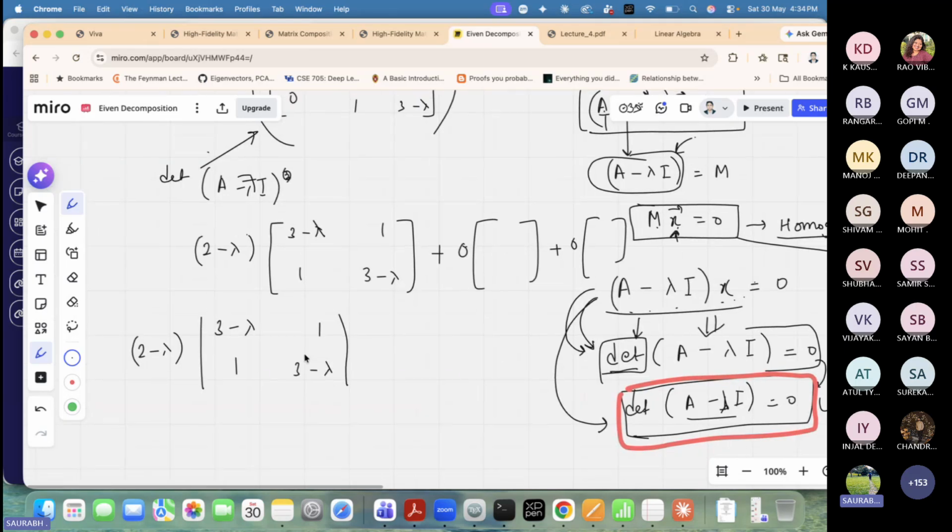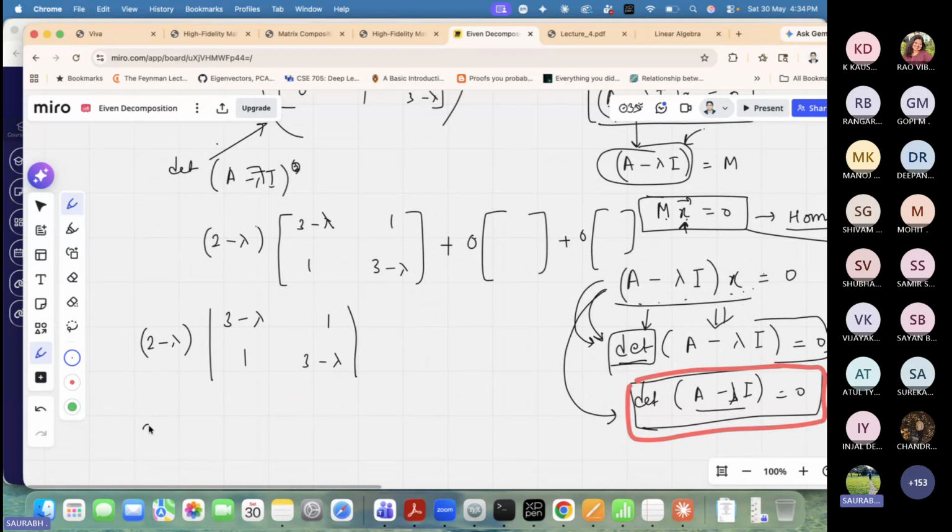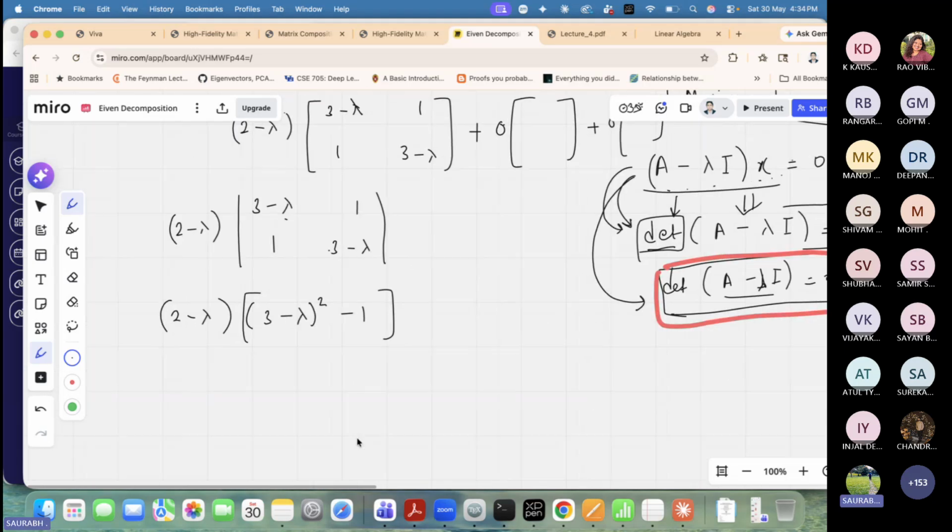So it would become 2 minus lambda times (3 minus lambda into 3 minus lambda, which is 3 minus lambda squared, minus 1).